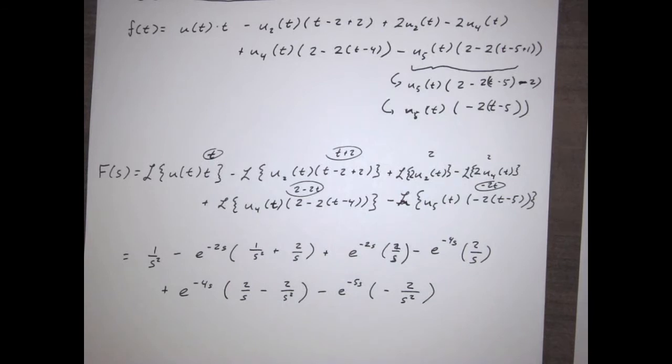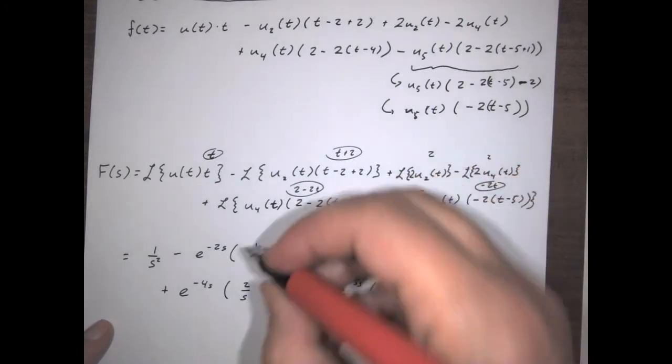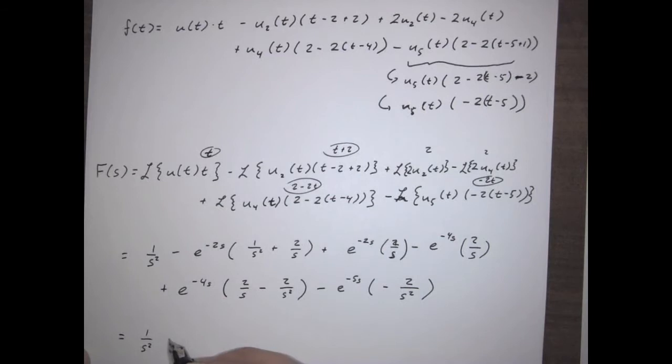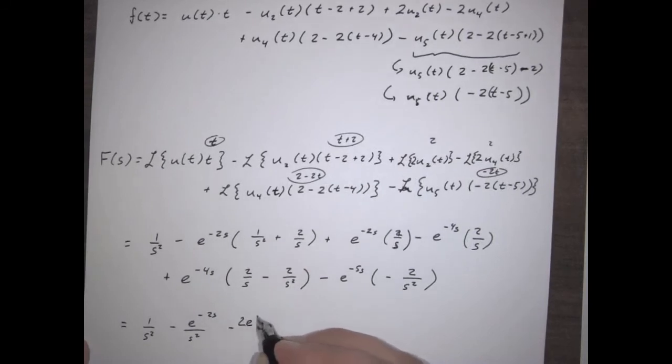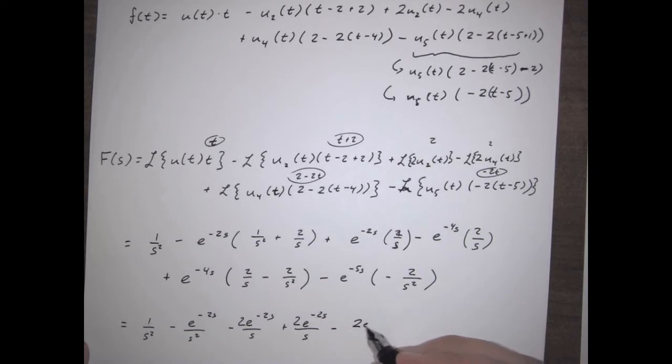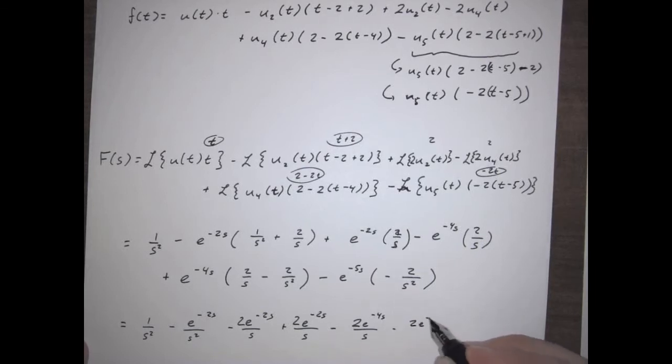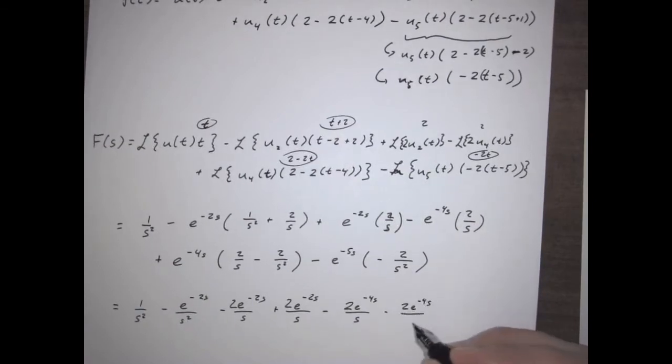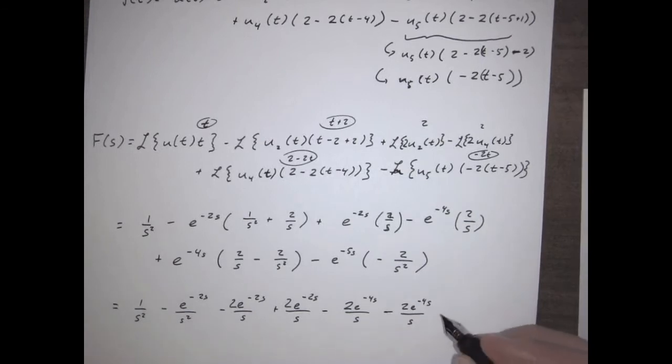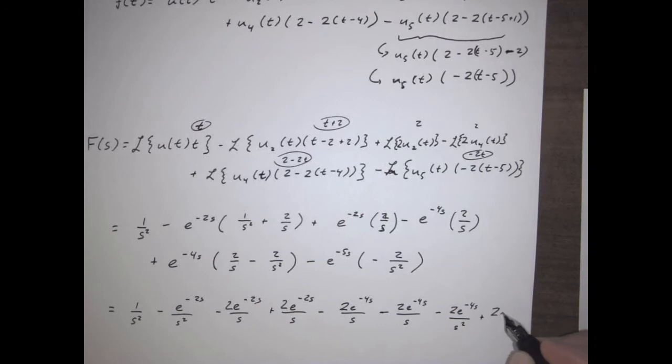Now, if we look over the terms here that are in play, we are going to get a lot of cancellation, so let's not be heroes: minus e to the negative 2s over s squared, minus 2e to the minus 2s over s, plus 2e to the minus 2s over s, minus 2e to the minus 4s over s, plus 2e to the minus 4s over s, minus 2e to the minus 4s over s squared, plus 2e to the minus 5s over s squared.